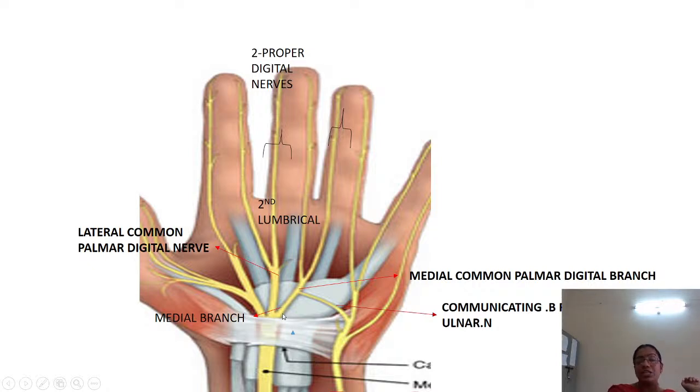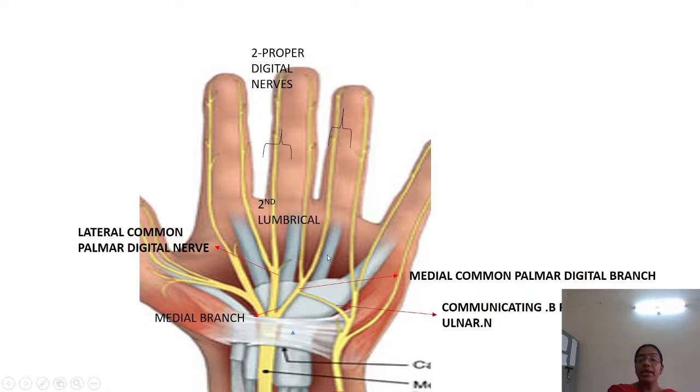The medial branch of the median nerve again divides into the lateral common palmar and medial common palmar digital nerves. The lateral common palmar digital nerve supplies the second lumbrical and divides into two proper palmar digital nerves, which supply the adjacent sides of the index and middle finger.